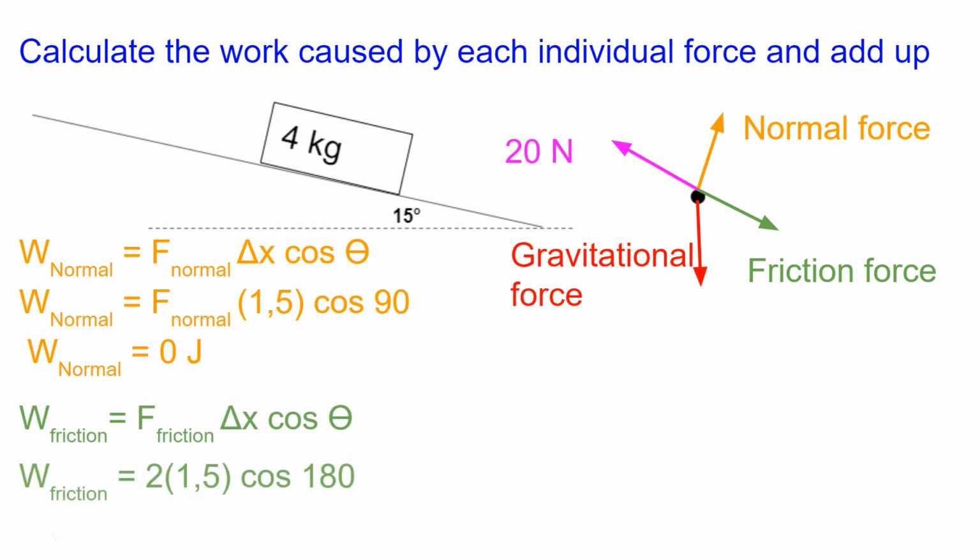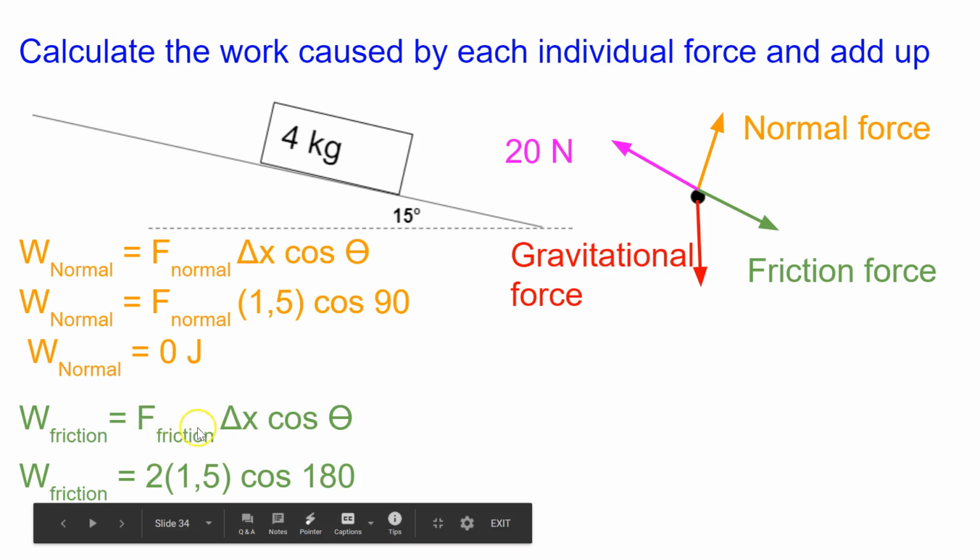Okay, the friction force I know is 2 Newton. It's acting over a distance of 1.5 meter. This thing is moving 1.5 meters upwards. Friction force is working in this direction. The angle between the direction in which the friction force is acting, and the direction in which the block is moving is 180 degrees. Remember, I do not put in a negative sign for the force because it's in the opposite direction.